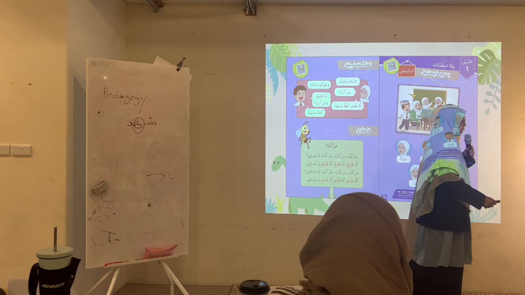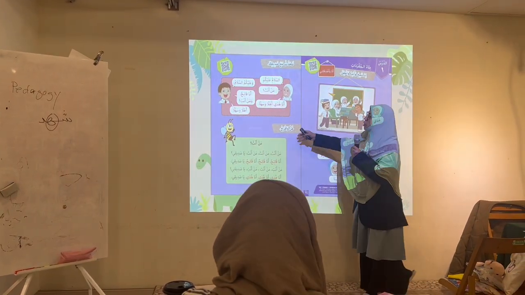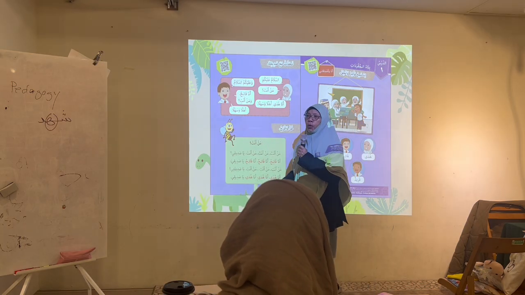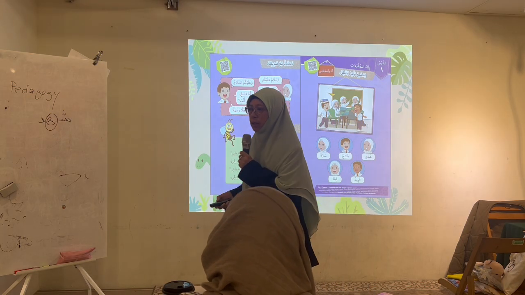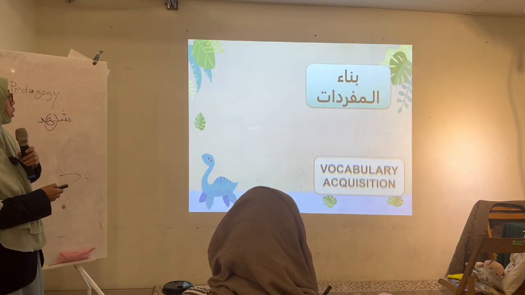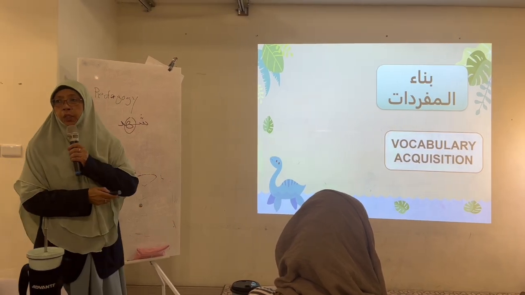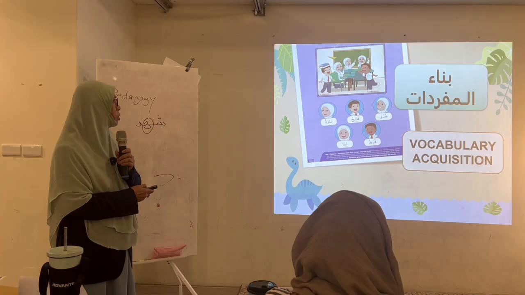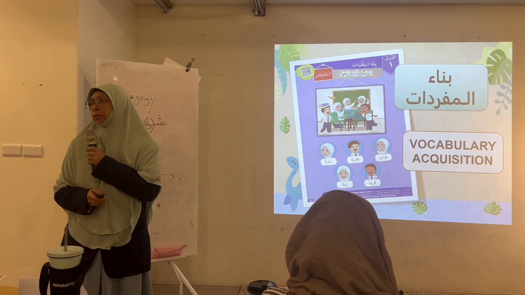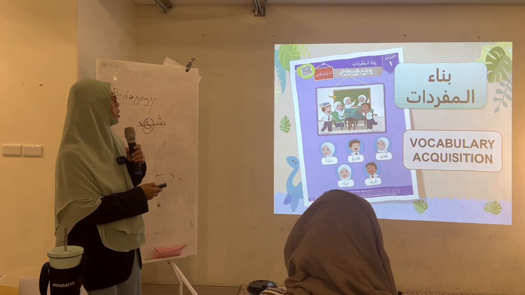Okay, this is just an introduction of the page, and then next page there will be the dialogue and the song. Okay, dialogue and the song. Okay, so we look at the Bina al-Mufradat, which is vocabulary acquisition. Okay, so that's the page. So it will start with vocabulary, right? That's usual, isn't it? It starts with vocabulary.